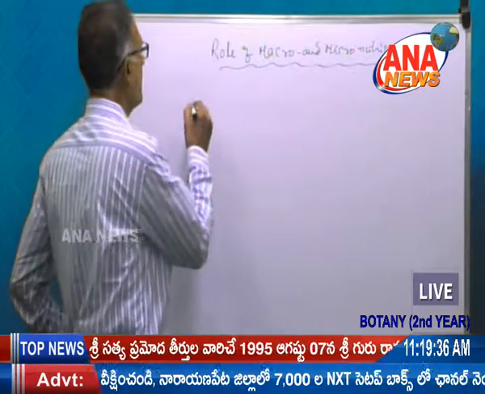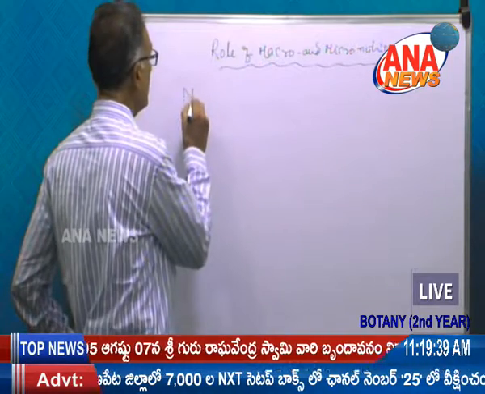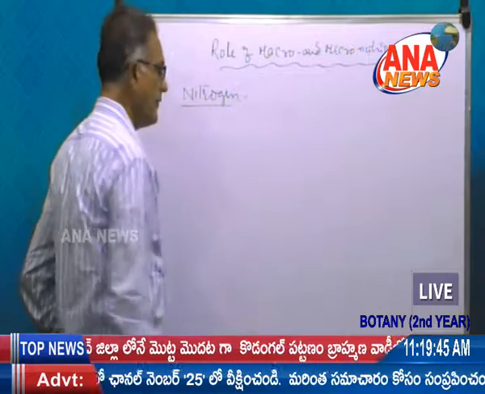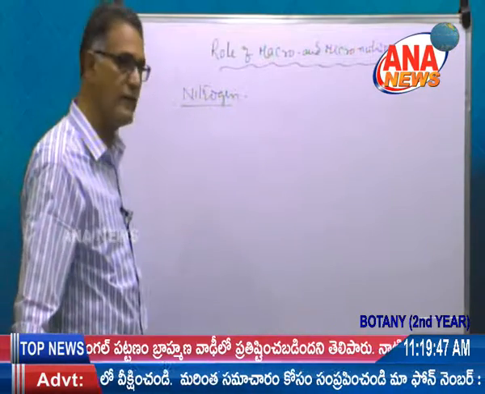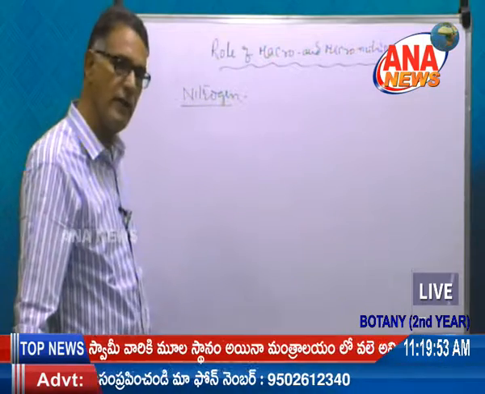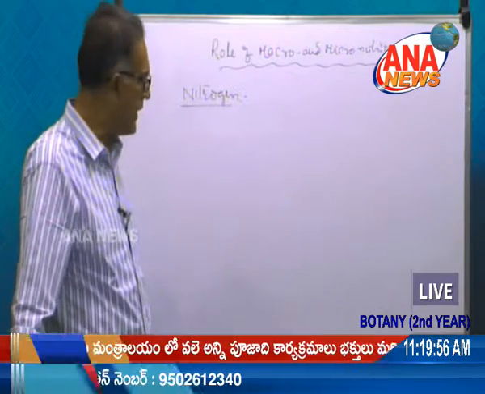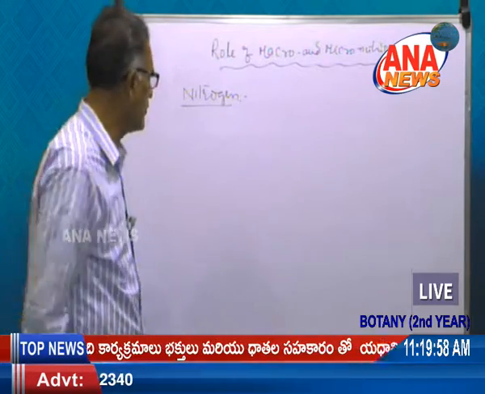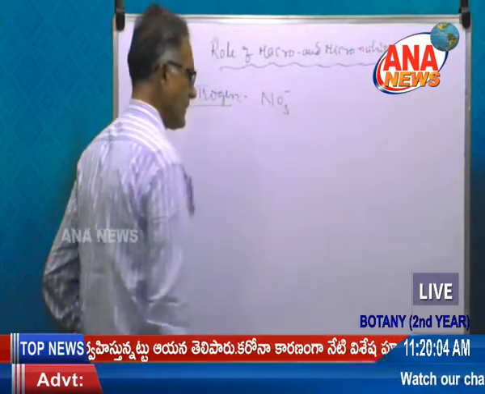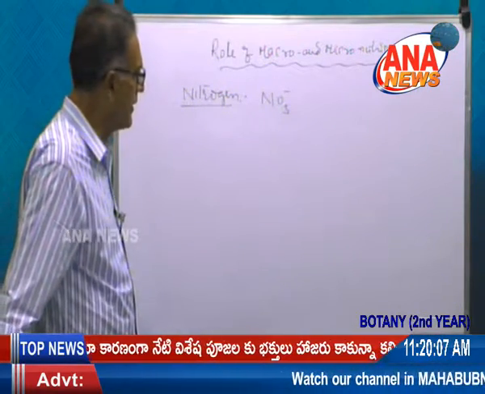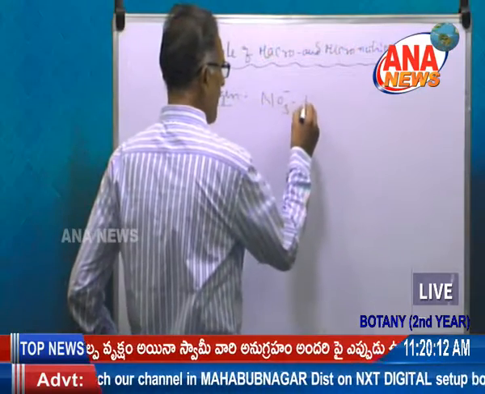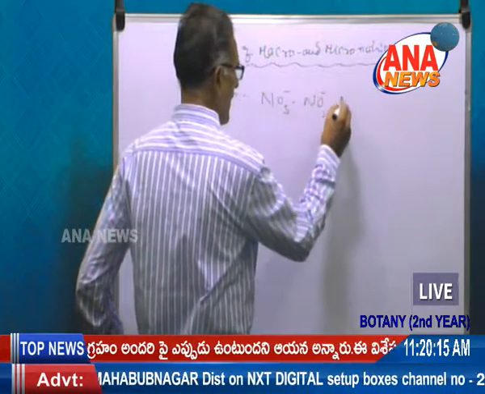One of the macronutrients we discussed in last class is nitrogen. Nitrogen is required in greatest amount by all parts of the plant, and it is absorbed from the soil in the form of NO3 minus, nitrate, and sometimes also in the form of nitrite and ammonium.